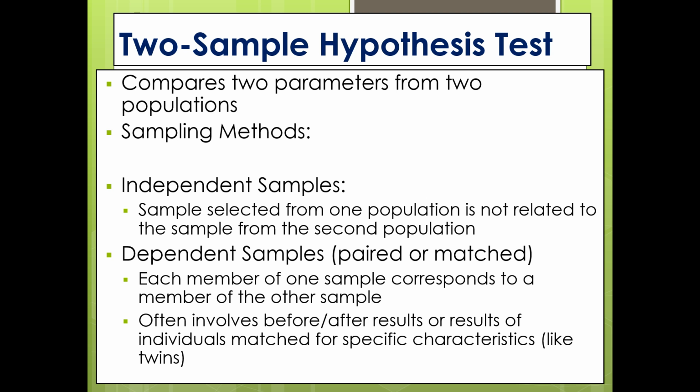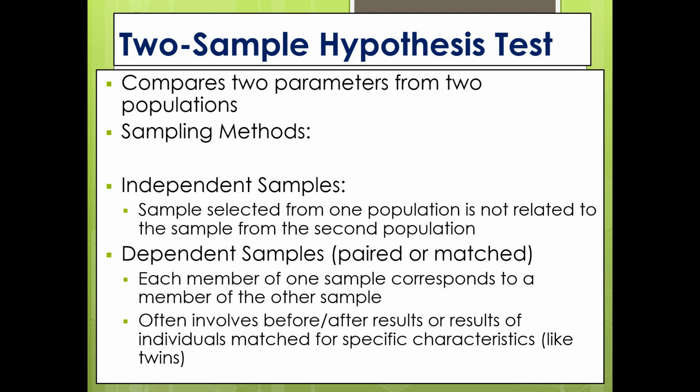Now, when we're doing samples from two populations, these samples might be independent samples or they might be dependent samples. So when you have independent samples, it means you're dealing with two samples from two different populations, and those samples are not related to each other.